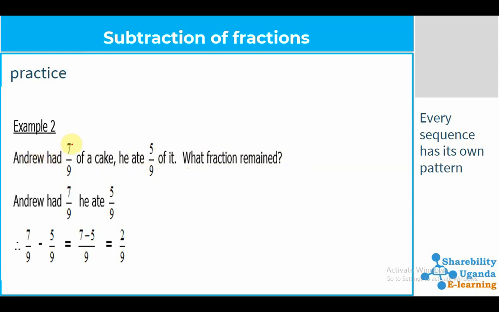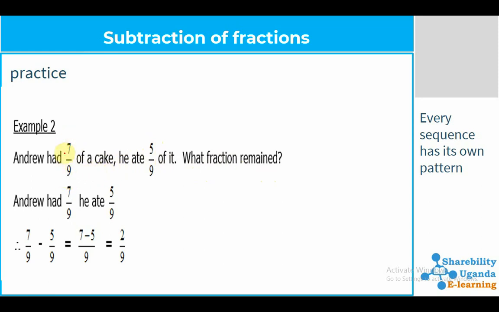The whole of his cake was 7 out of 9. Andrew was able to eat 5 out of 9 of it. Then they are asking, what fraction remained?